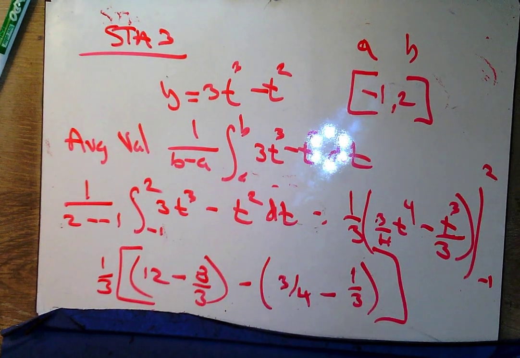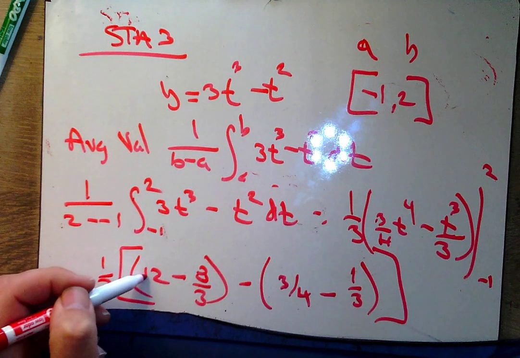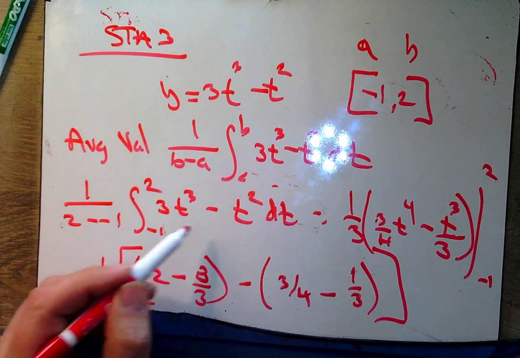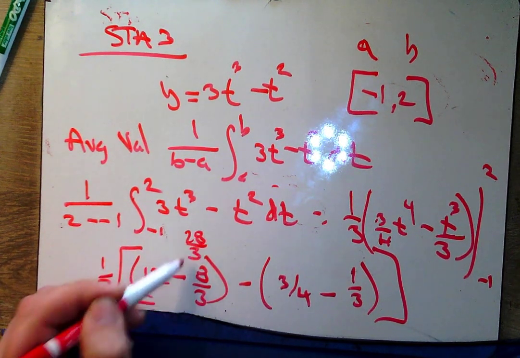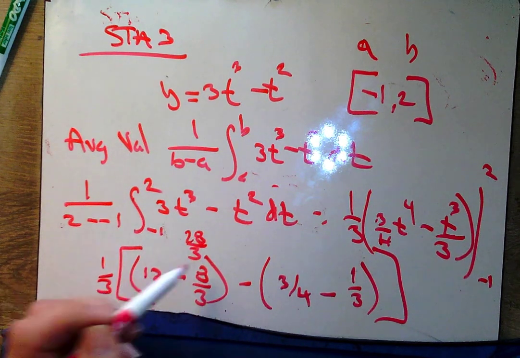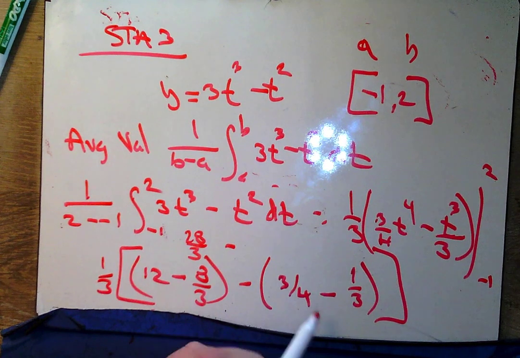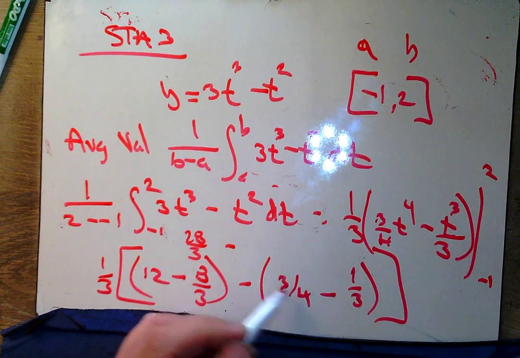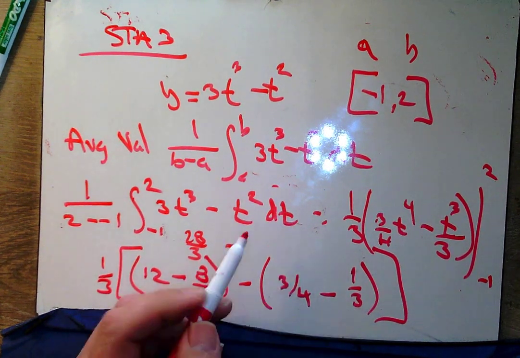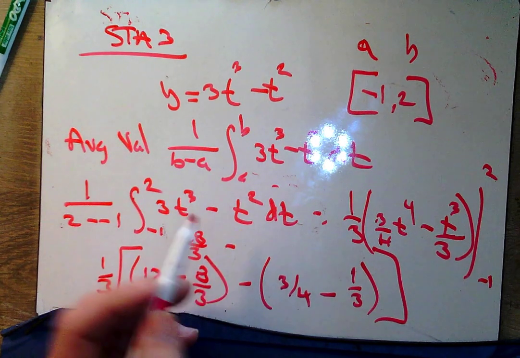Alright, so that's 36/3 minus 8/3. I think that's 28/3. Yes, that's 36. And here, 12ths. So 9/12 minus 4/12 is 8/12.